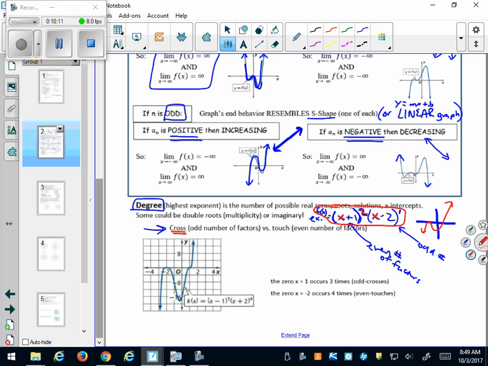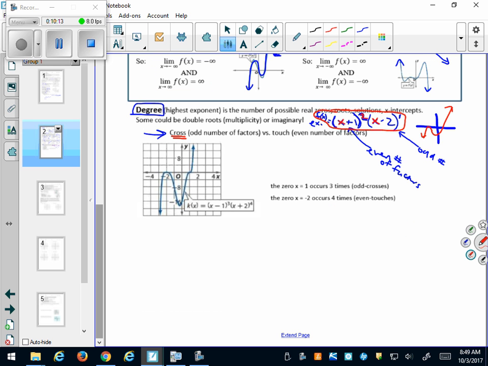Okay, so vice versa here, if we start with a graph, we can tell what these zeros are going to do. So here's another example, right? This is x minus 1 to the third power. So at x equals 1, positive 1, we know we have a 0. And it's an odd number of factors, so it's just going to cross.